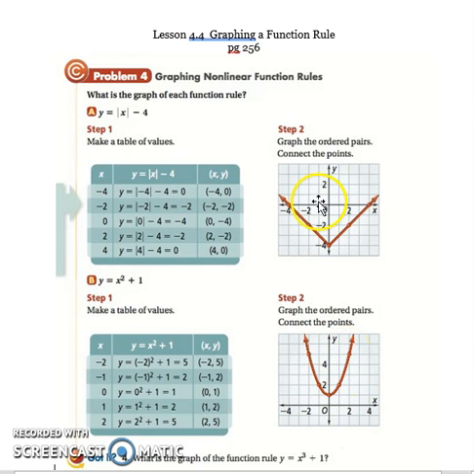And just like absolute value, the quadratic graph, the parabola, is going to be the same on both sides of the vertex. That being said, be careful because the vertex isn't always on the y-axis. It could be over to the left, over to the right, whatever. So just be careful that you don't assume that.